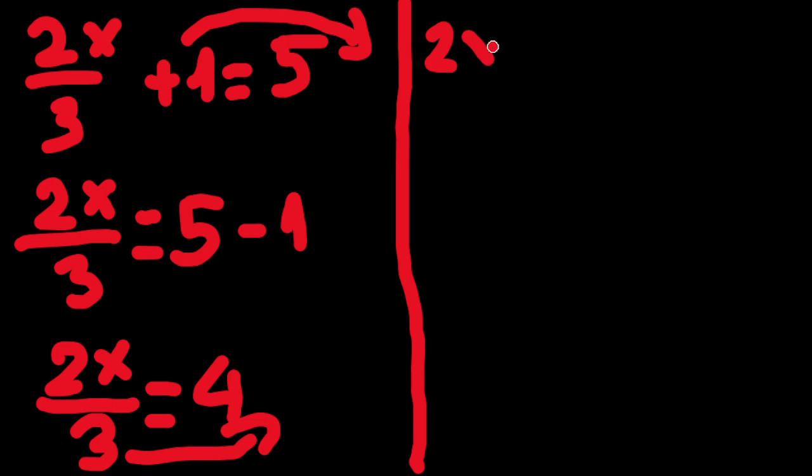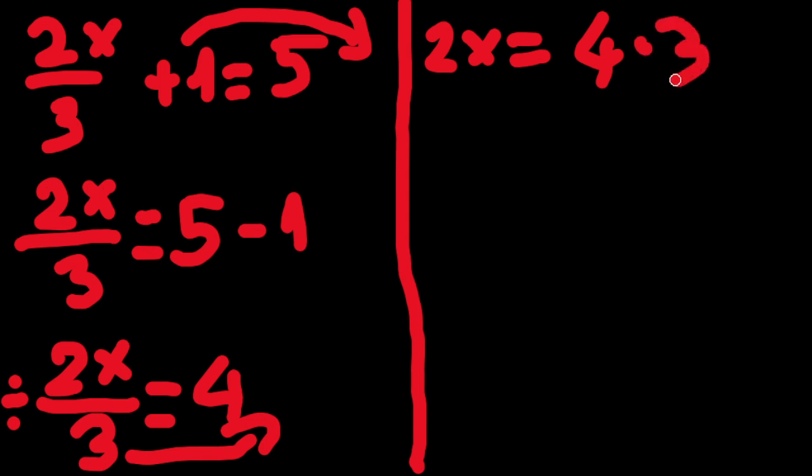So it's 2x equals, this sign here is like a divide. So divide by 3, we're going to be 4. If number 3 is brought to the other side, we're going to be 4 multiplied by 3. So we'll have 2x equals 12.